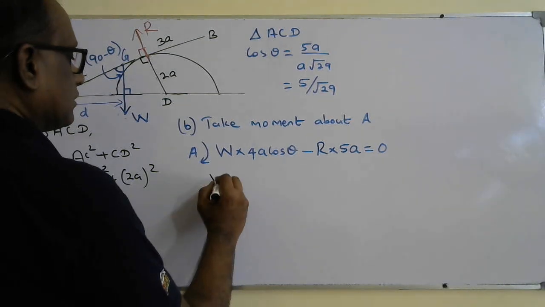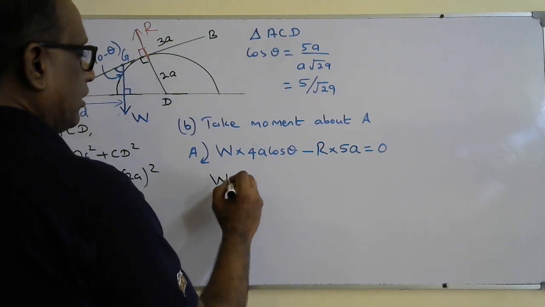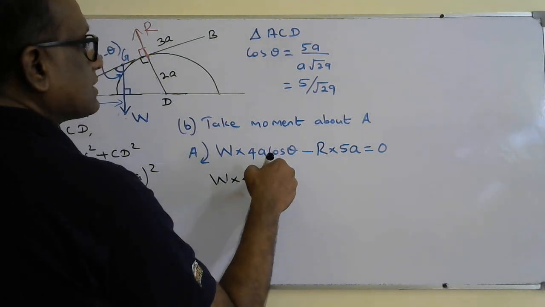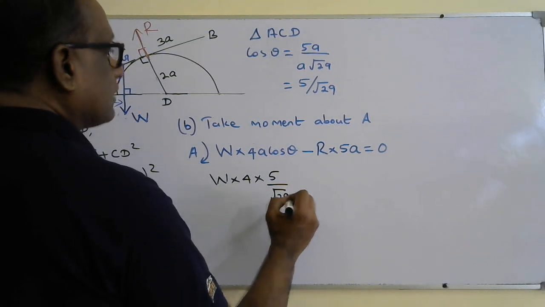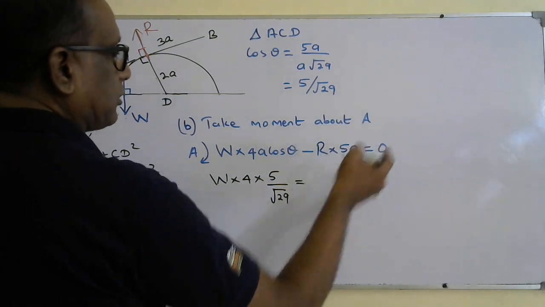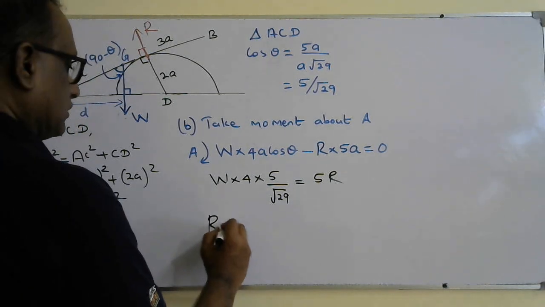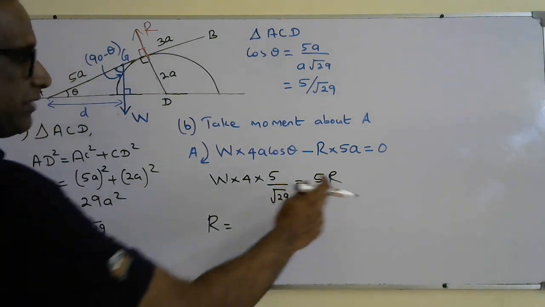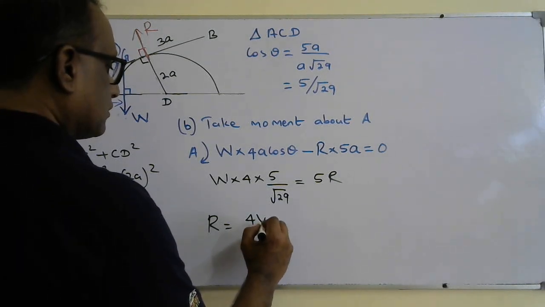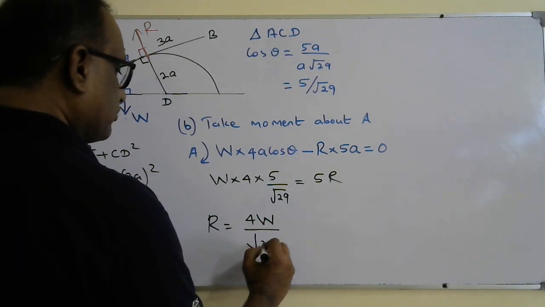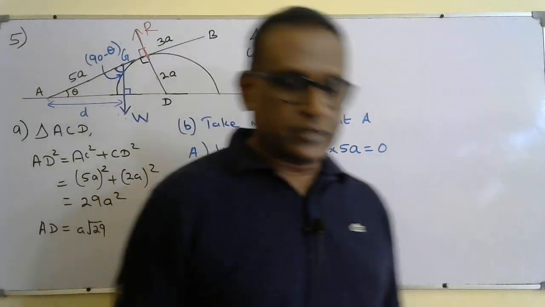So W into 4, A will get cancelled, into cos theta, that is 5 over square root of 29, equal to, take it to the other side, 5R. So R will be equal to, 5 and 5 get cancelled, R will be equal to 4W over square root of 29. That's the normal reaction at the contact point surface.